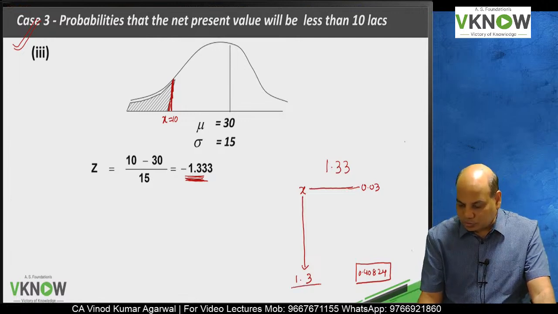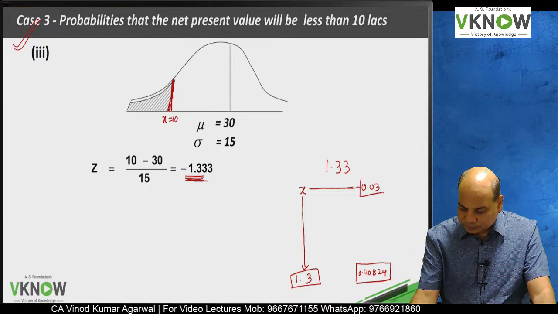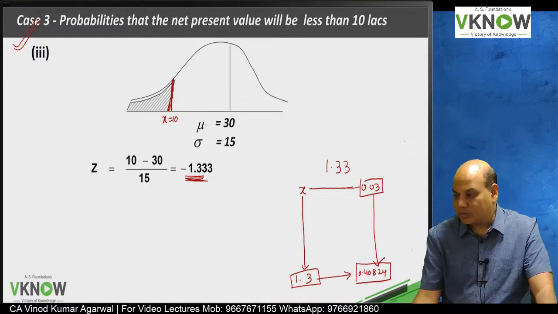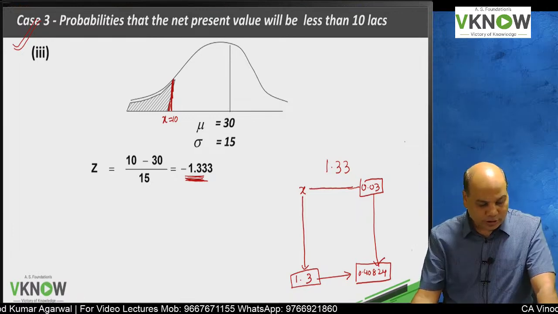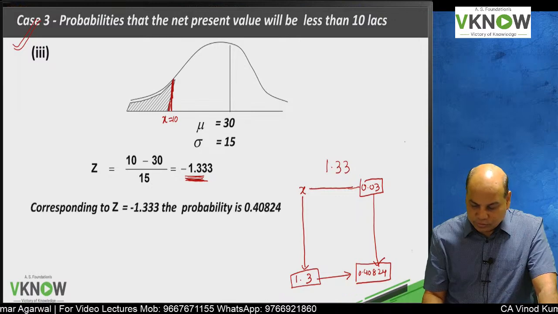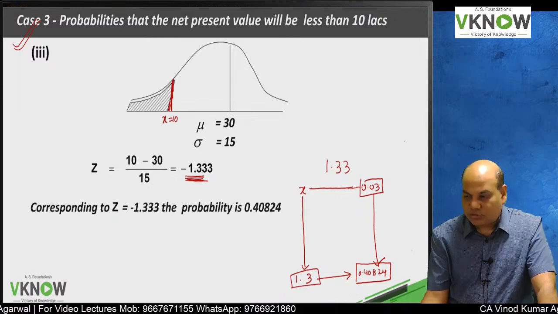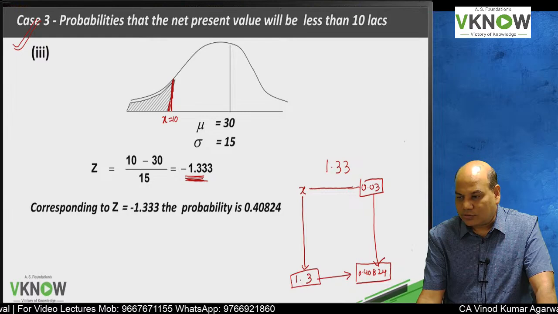So you have to match 1.3 here, 0.3, and you will find this number 0.40824 there. So write down corresponding to Z equal to minus 1.33.